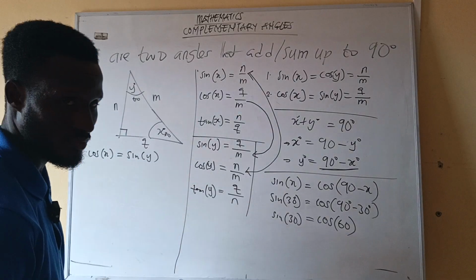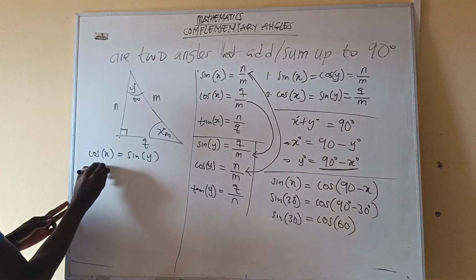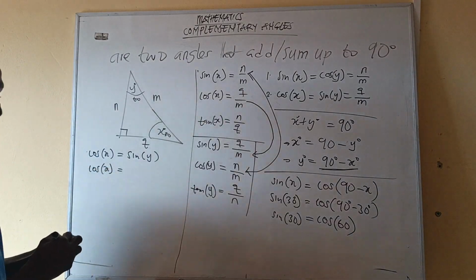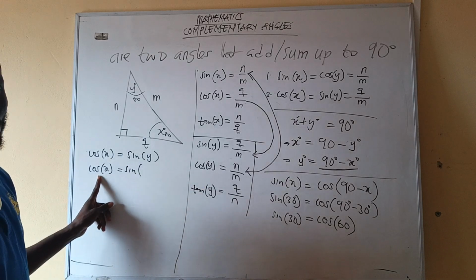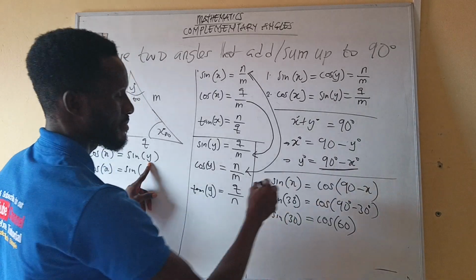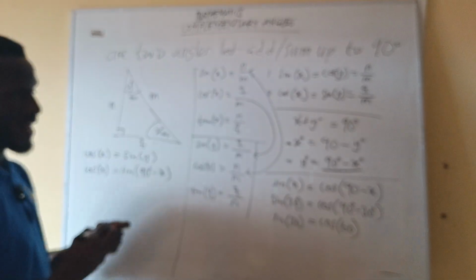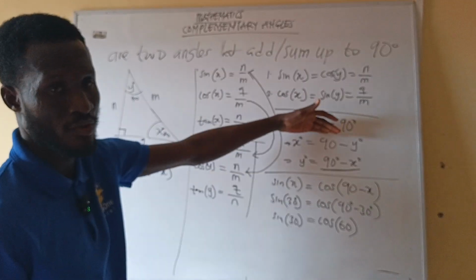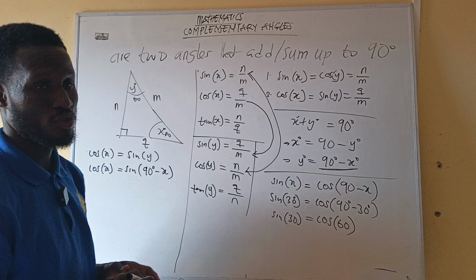Y. Right? Yes. Now, the same way, if I consider cosine of x, I want to change the cosine to sine. Now, what is y? Y is 90 minus x. So, y is 90 minus what? X. Now, the same way, I can write everything in terms of y. Yes, I can make the x the subject and write everything in terms of y.